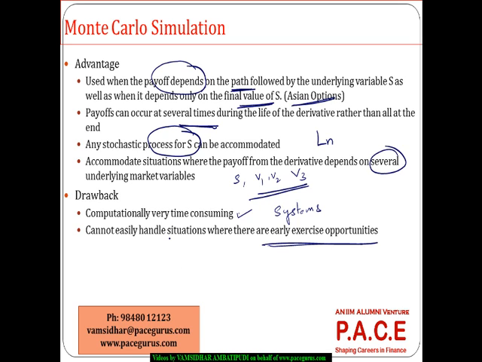Monte Carlo simulation will not help me go ahead with that kind of analysis comfortably. So these are some of the important drawbacks associated with the model. Nevertheless, for lots of valuations, this becomes one of the powerful procedures to be used.